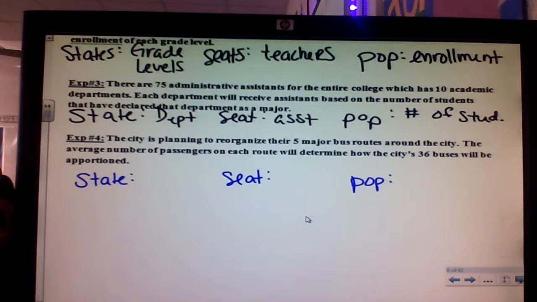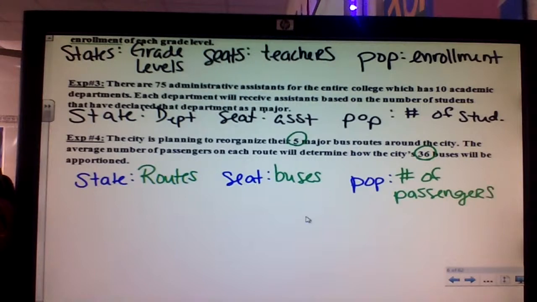That's your smaller number. So that's going to be your states. Because look, we've got 5 and 36. Remember, your states have to be smaller than your seats. So your routes get buses based on the number of passengers.